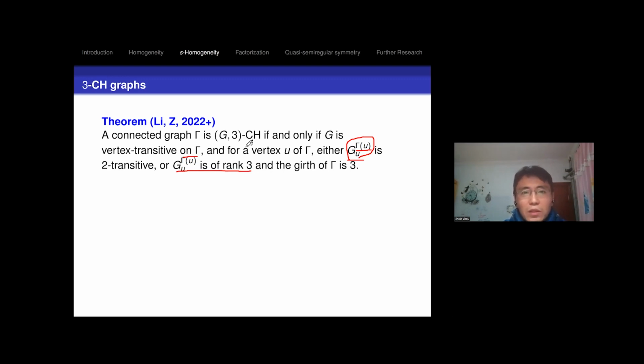This gives a characterization of a G-3-CH graph in terms of the local action.